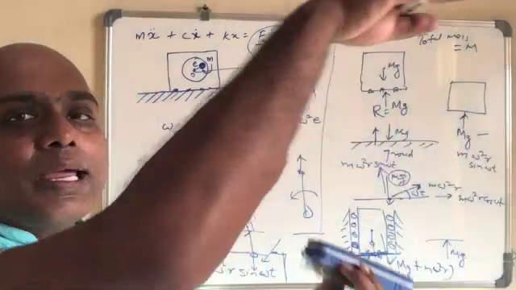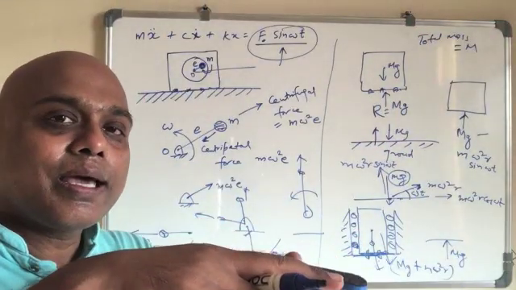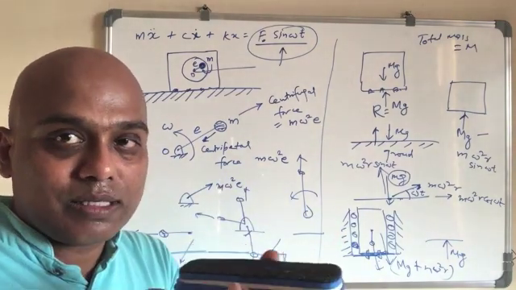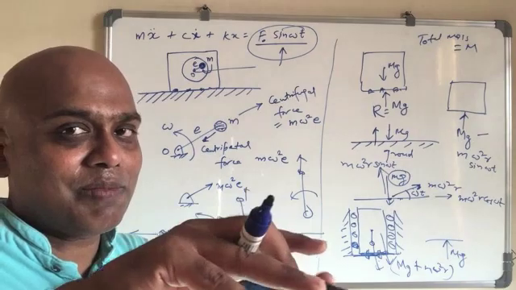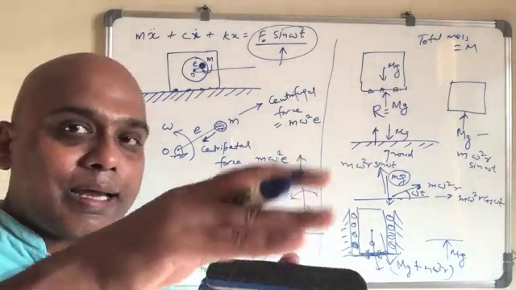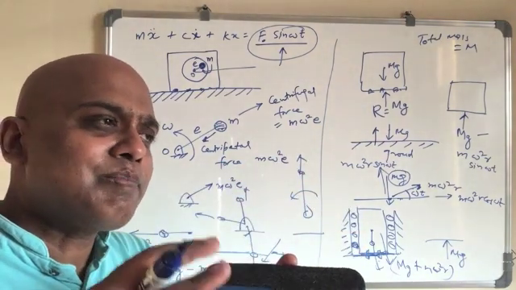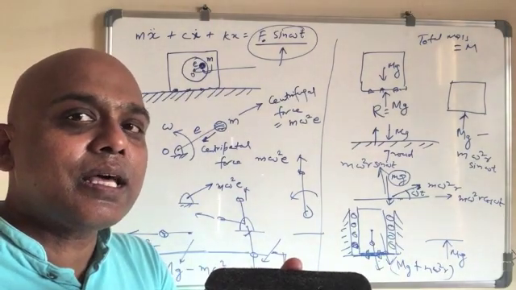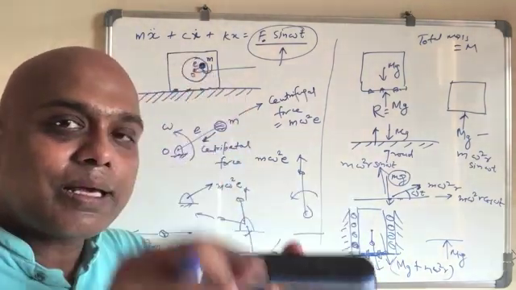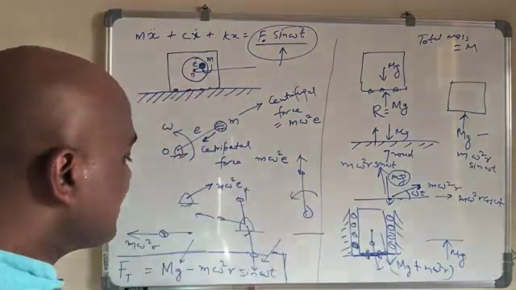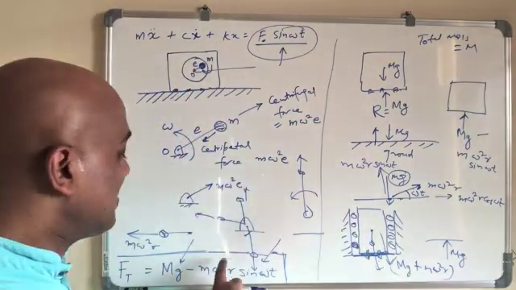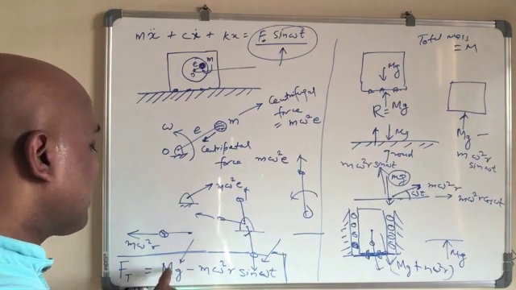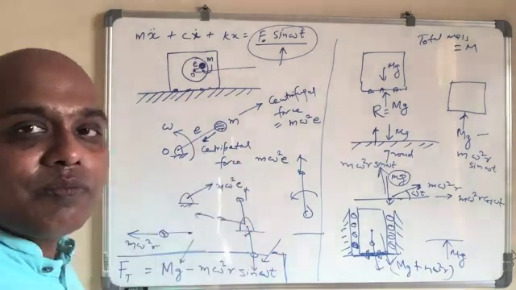A static load will just have an effect on the equilibrium point, the mean position of the mass, and that is what the static load will determine. But after that, the variation in the force is going to drive it.